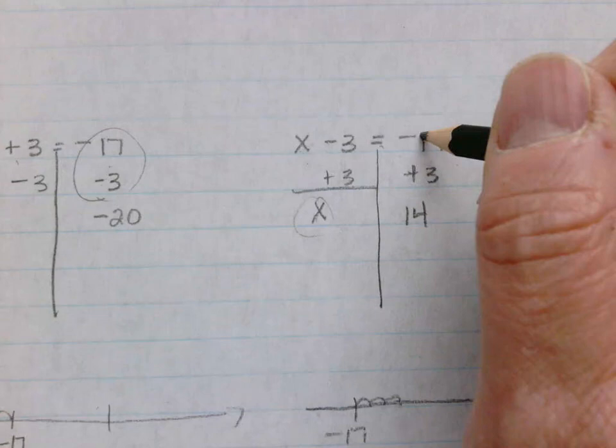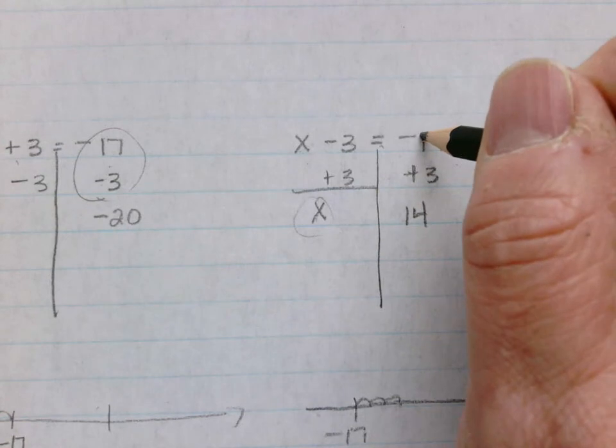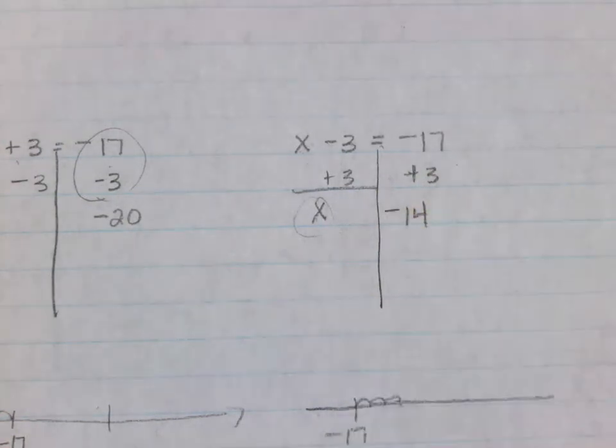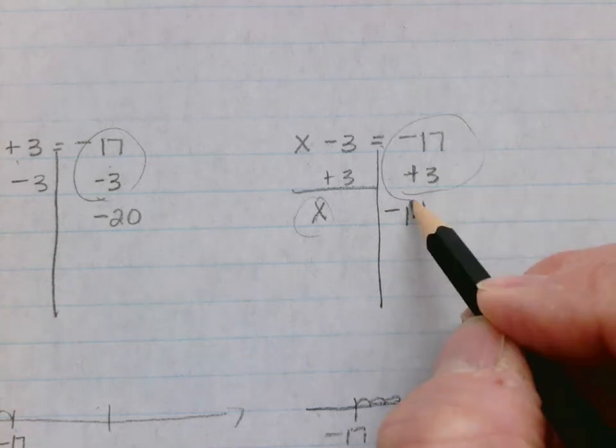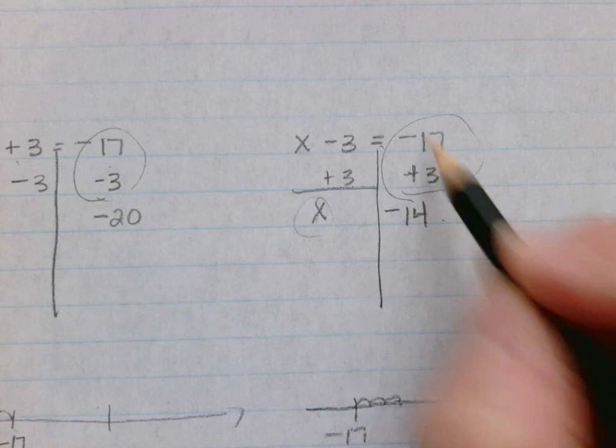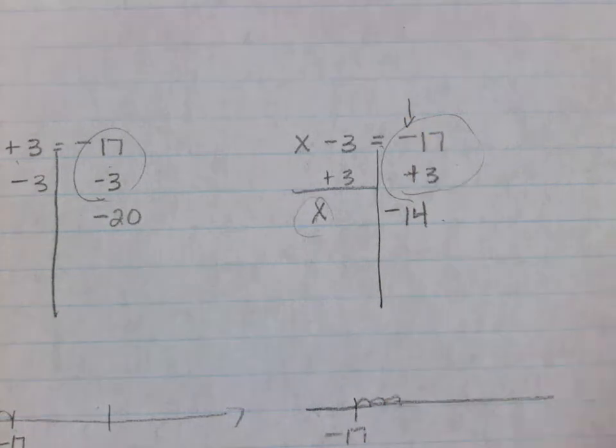And we know because 17 is the larger number in absolute value that that number is going to have to be negative. Another way to remember it is when our signs are different, we subtract and we give it the sign of the larger absolute valued number.